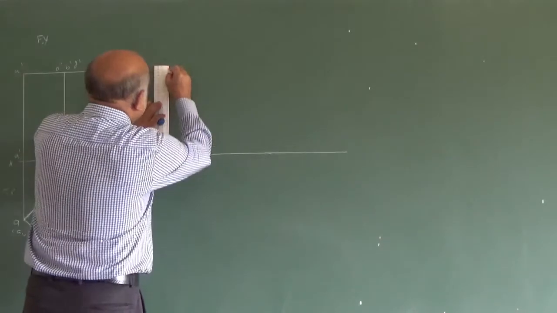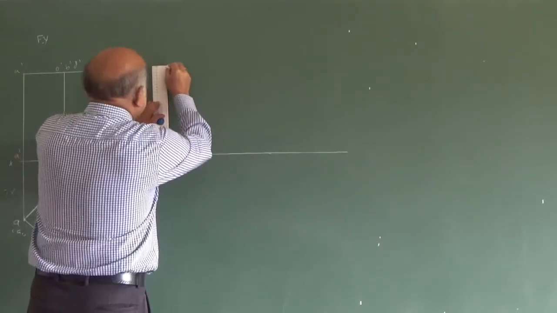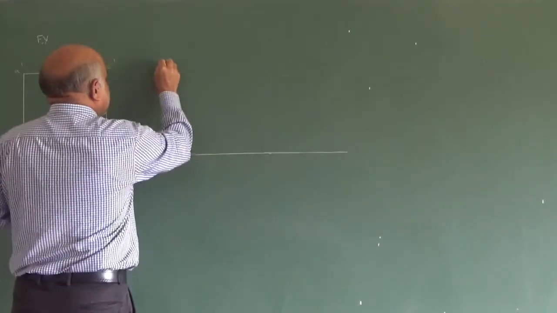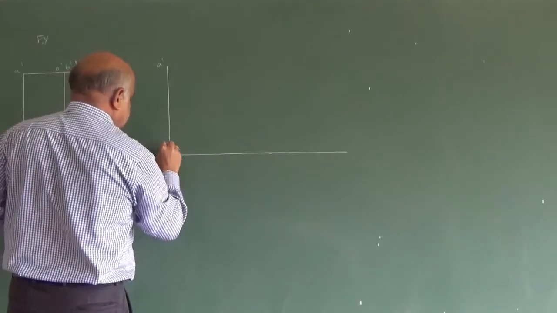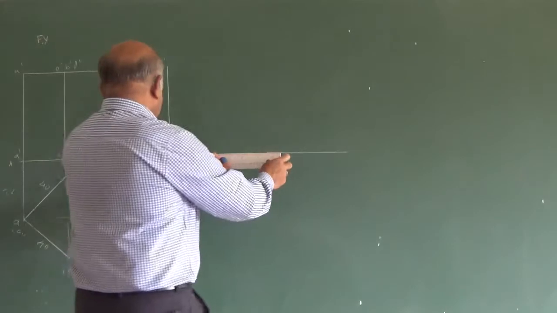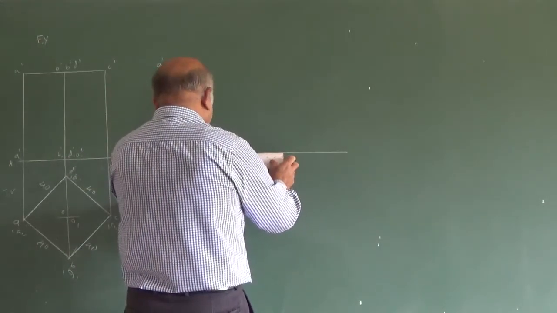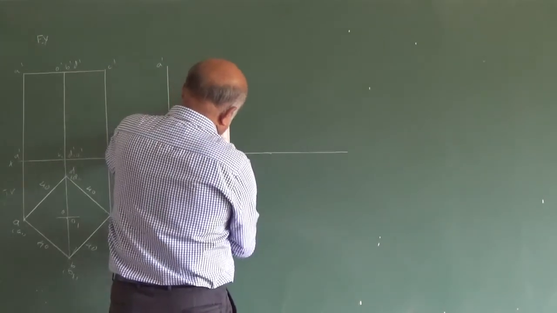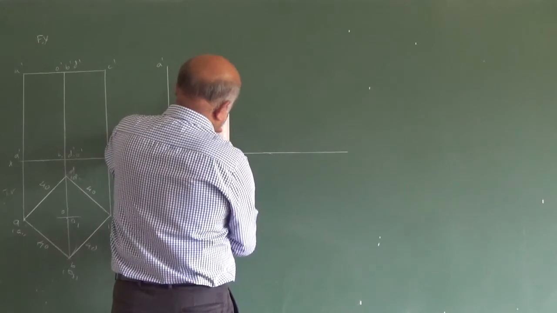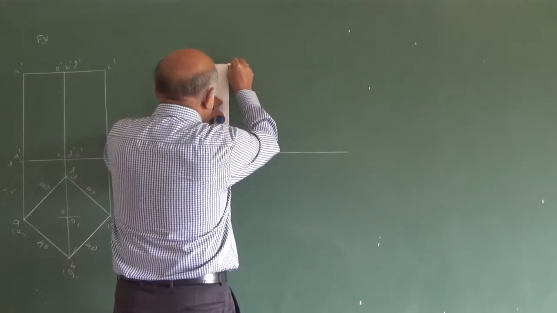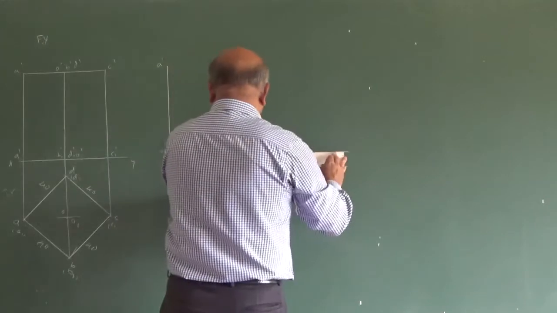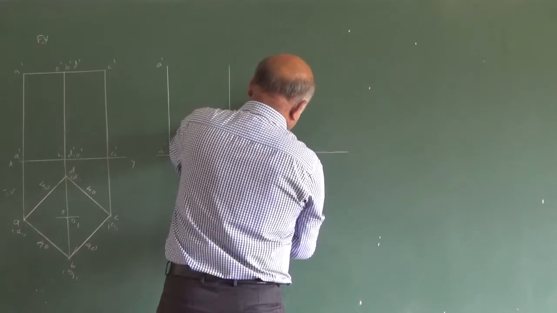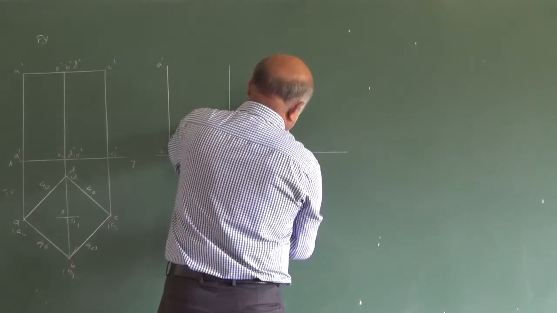First one is AA1. This is A dash, A1 dash. At a distance of 40 mm, you will get B dash, B1 dash. At another distance of 40 mm, you will get C dash, C1 dash.